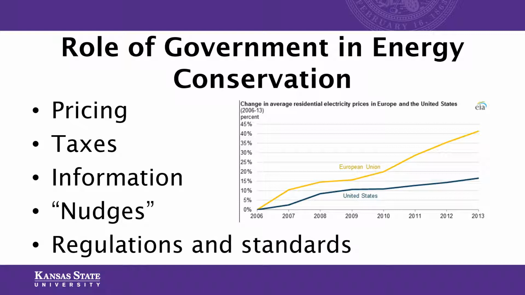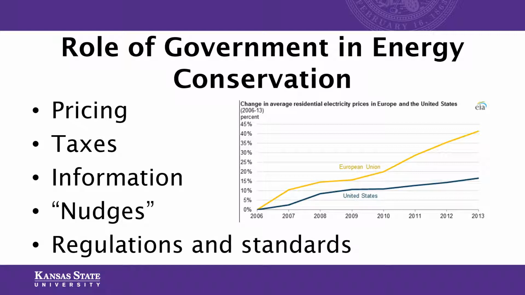And then finally, governments could establish regulations and standards. So the California government, for example, has very high fuel efficiency standards for all vehicles that are sold in the state of California. If you are to sell a car there, it has to meet higher efficiency standards than the rest of the country.